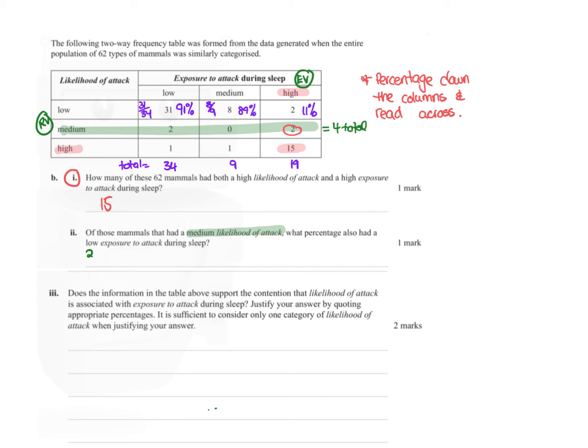So we had 2 out of the 4, and because it's a percentage, when we do percentages it's always the amount out of the total times 100. They often tell you what your total is in the beginning of the question, which is here, of those medium likely. So all of those animals, that's what we want, and which ones were low. So we do this and we end up with 50%.